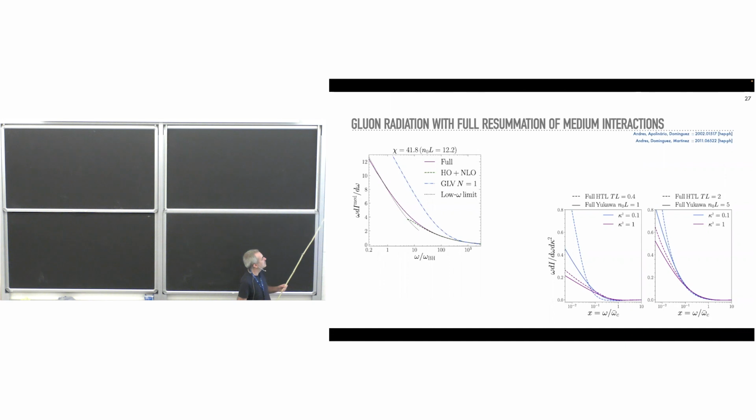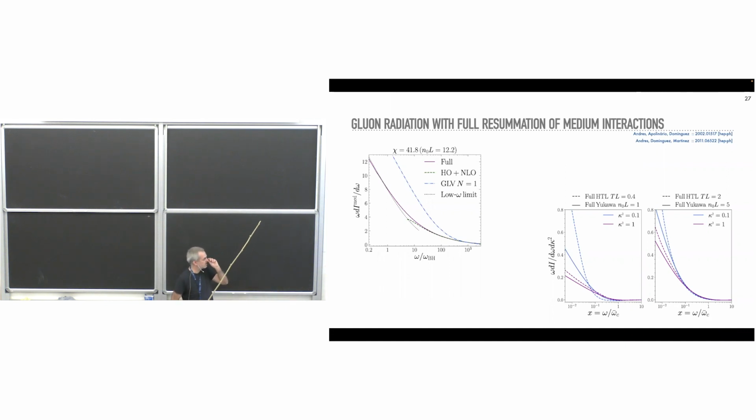Okay, and you see that this only really works wellish in this region. So it's like complementing the harmonic oscillator calculation with something that takes into account the opacity, and it works but fails here in an intermediate region.